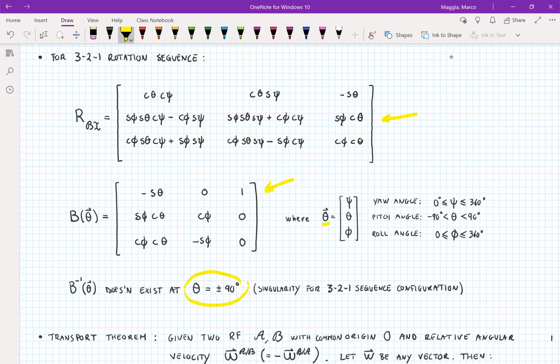So we are pretty much far away from the singularity. But if you're describing the motion of fighter jets or other types of aircraft which do fly vertically at times, then you might have to use different rotation sequences or a combination of them, actually.